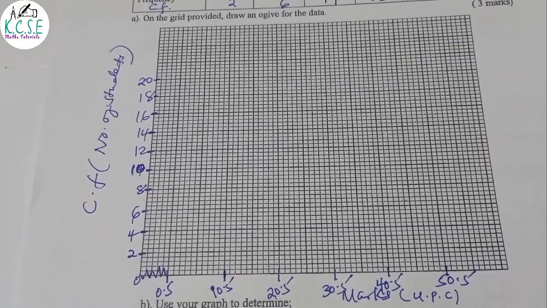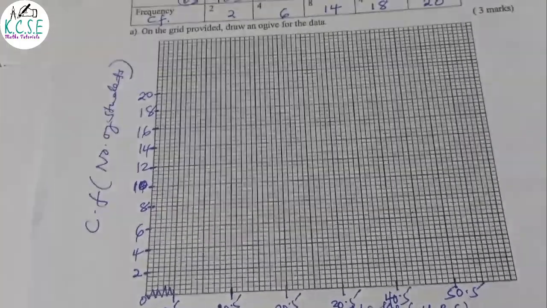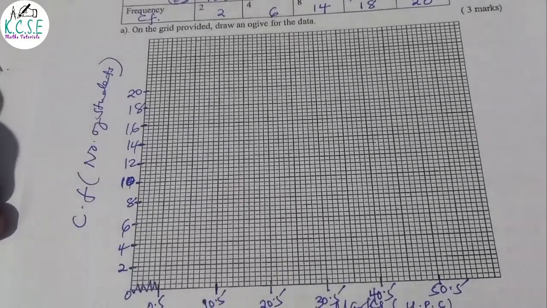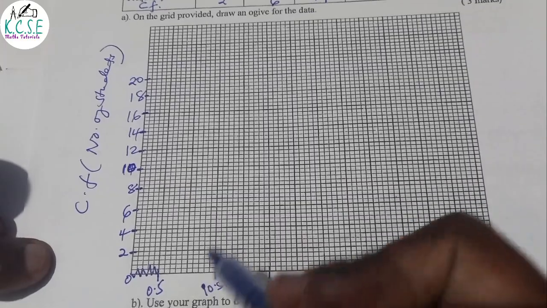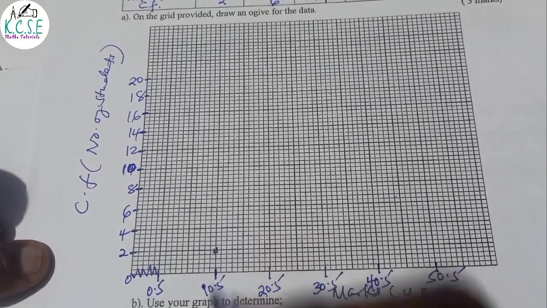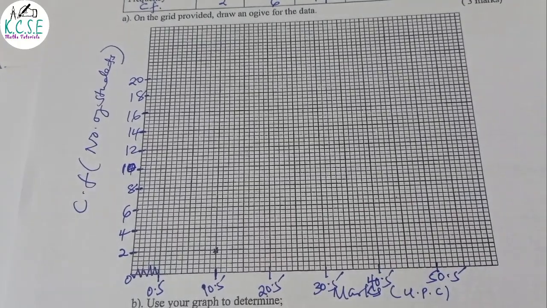So let's start plotting. The first one is 10.5, 2. So 10.5, 2 will be here. That is where we have 2.